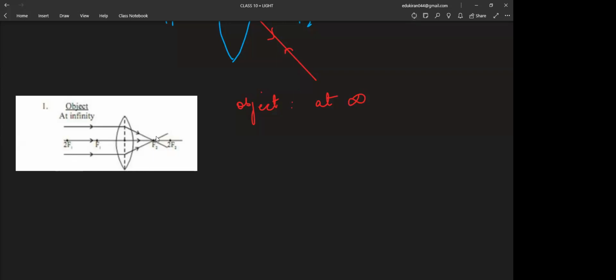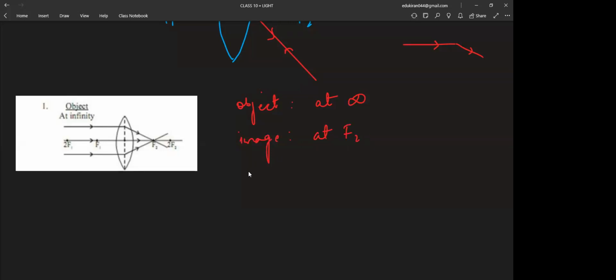This is the focus. So when the ray is parallel, it passes through the focus. That rule is valid here also. So what would be our image distance? What would be the image? Image would be formed at the focus F2. So image would be at F2, which would be the focus.